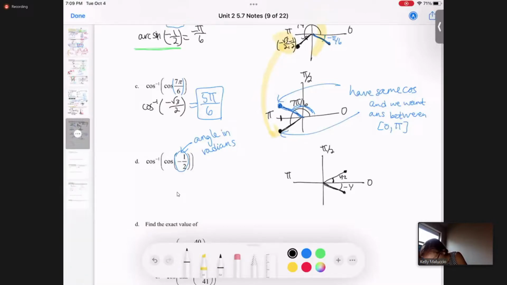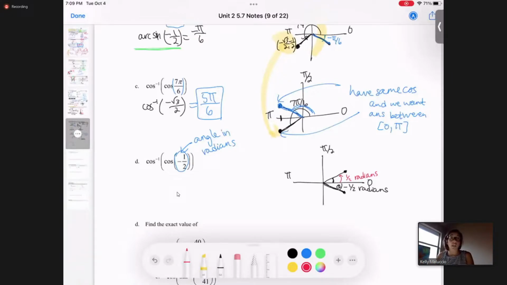This is -1/2 radians, and that's our theta. And so what I want though is this one here. So this would be 1/2 radians because I want something between 0 and pi.